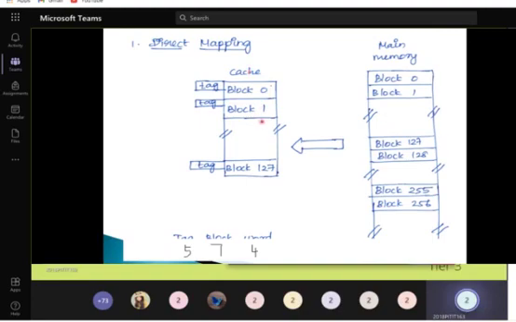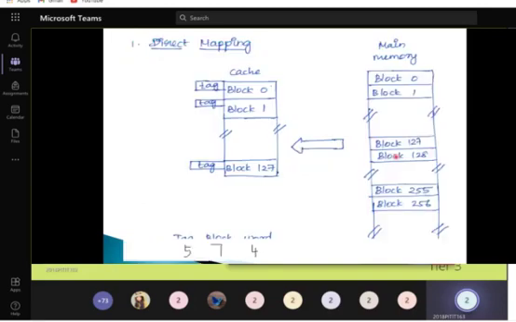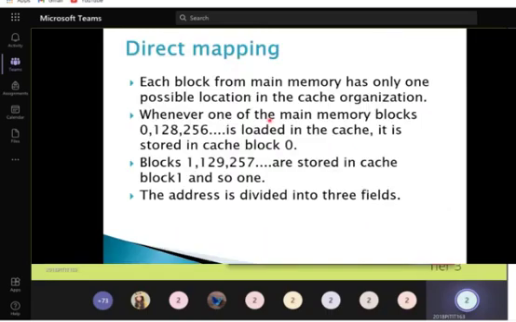And for block 1 of the cache, I will have block 1, block 129, and block 257 of the main memory. All those blocks from the main memory will be stored in block 1 of the cache.